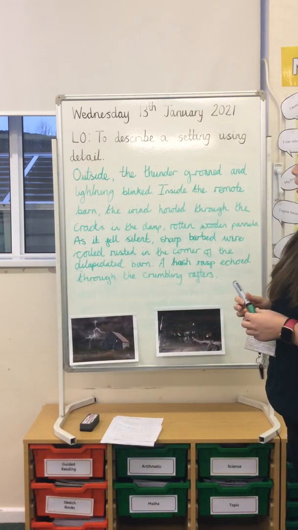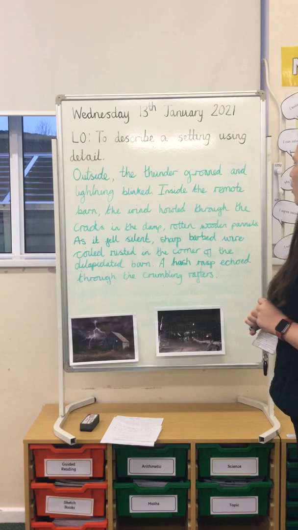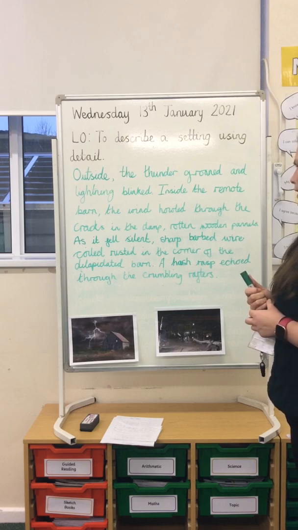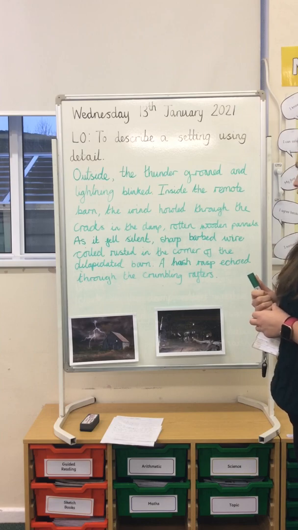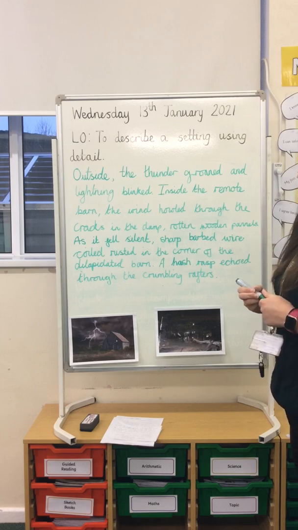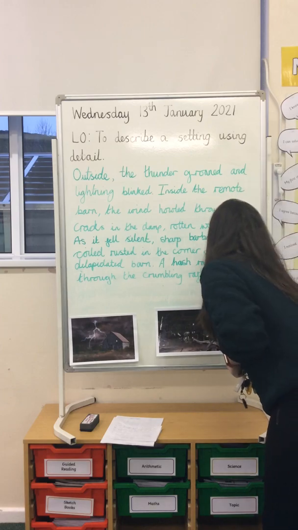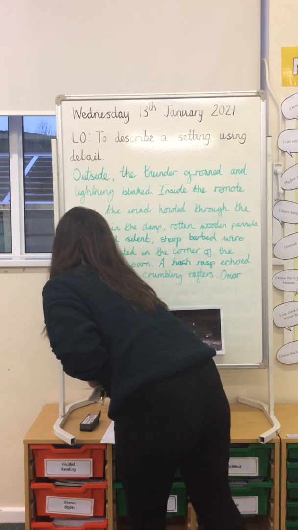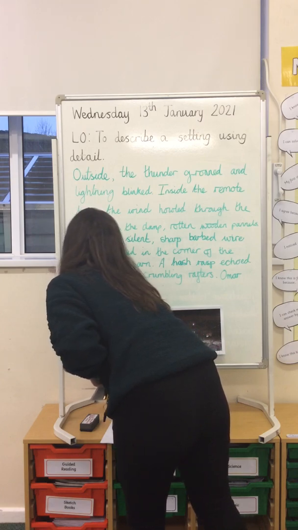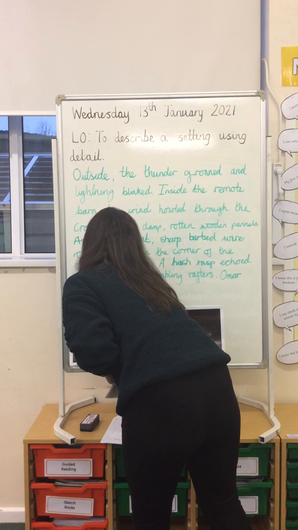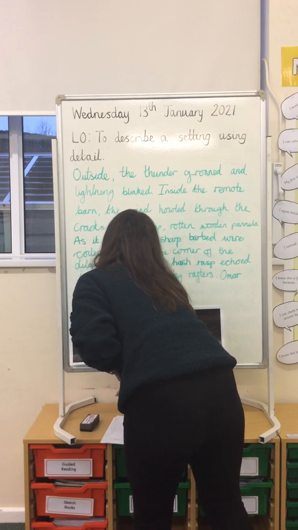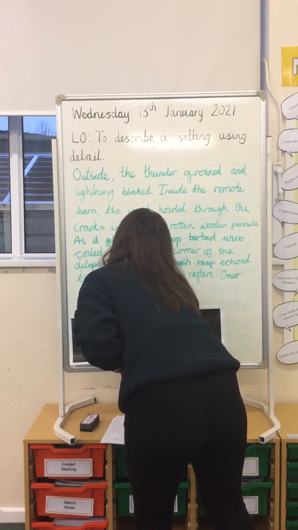Outside, the thunder groaned and lightning blinked. Inside the remote barn, the wind howled through the cracks in the damp, rotten wooden panels. As it fell silent, sharp barbed wire coiled, rusted in the corner of the dilapidated barn. A harsh rasp echoed through the crumbling rafters. Omar froze. Was he alone?